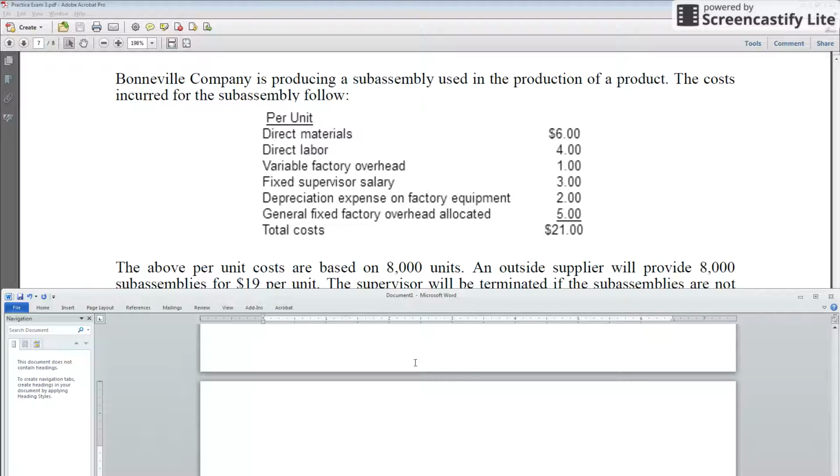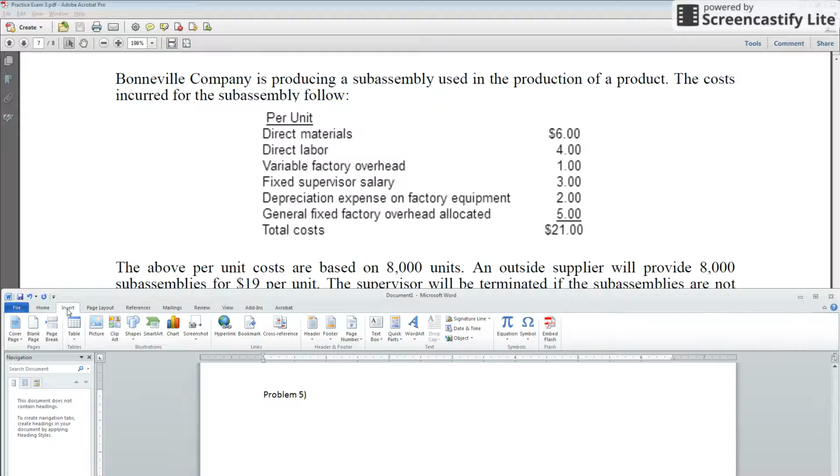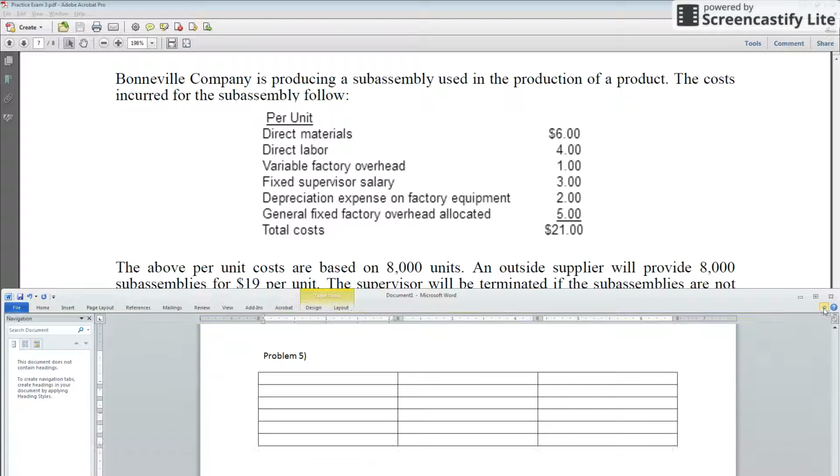So for problem 5, we have to have a table showing what costs we are avoiding by outsourcing production.